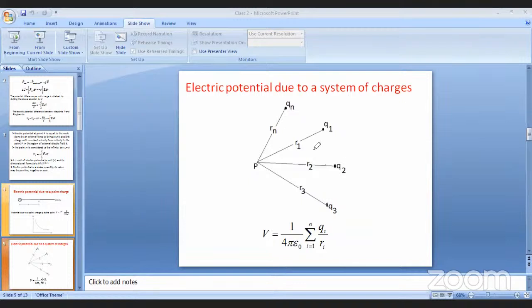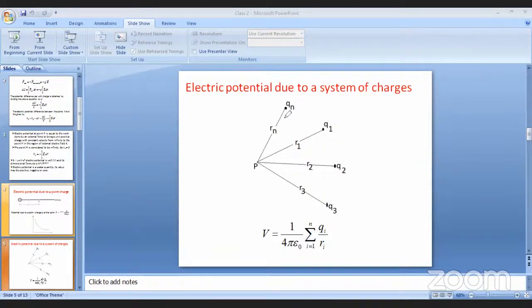So you have more than one charge in space like this, q1, q2, q3, and you have a point P which is at a distance of r1 from q1, r2 from q2, r3 from q3, and rn from qn. That means the point P is at different distances from the different charges.